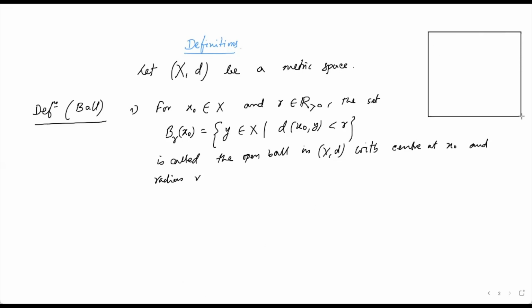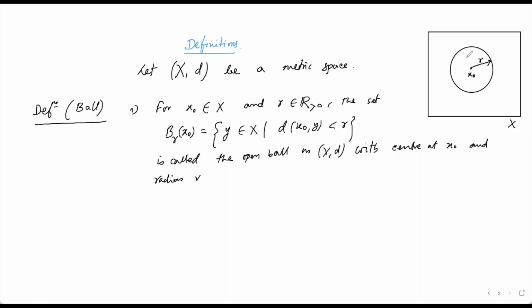Suppose this is the metric space X, and here we have some point x naught, which is the center of the ball, and this is the radius r.